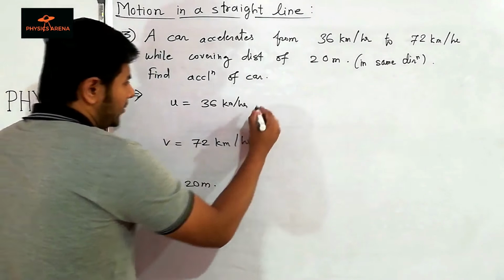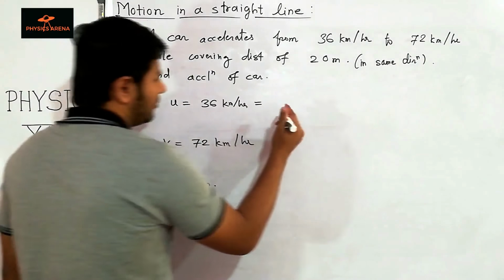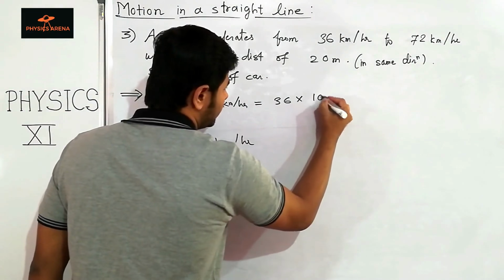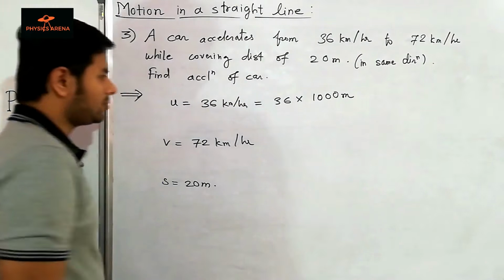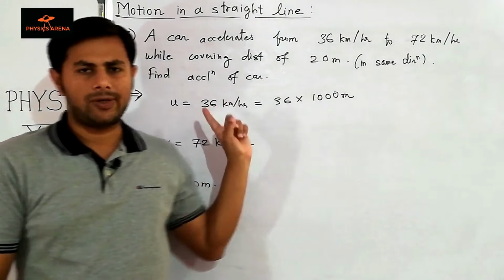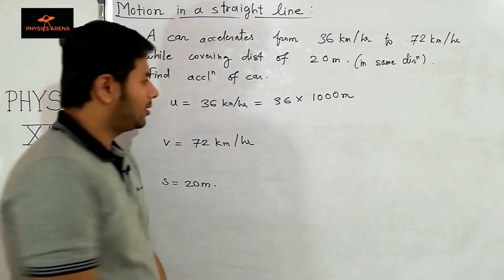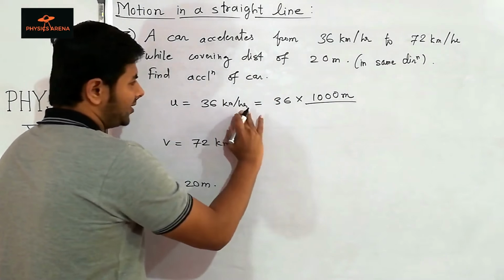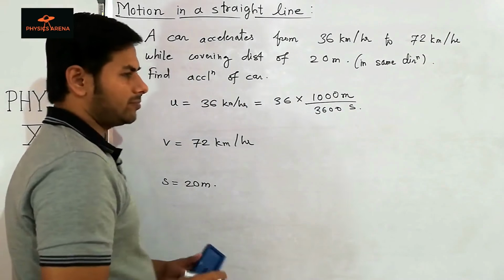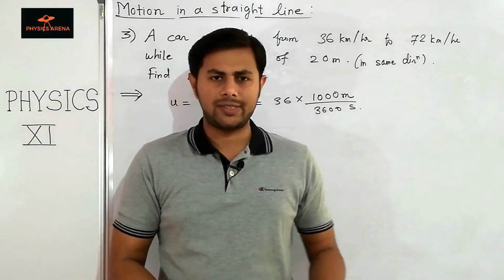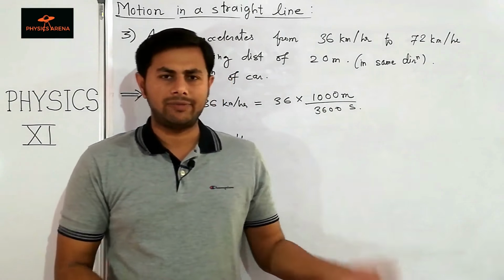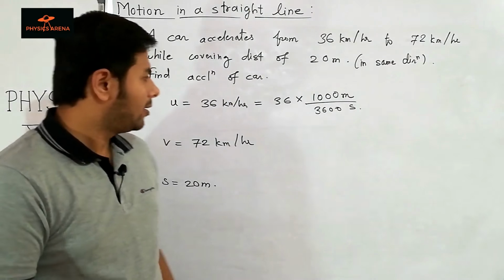So let's do that. I know that 1 kilometer equals 1000 meters, so I have substituted 1000 meters for this 1 kilometer. And 1 hour is equal to 3600 seconds: 1 hour is 60 minutes, and 1 minute is 60 seconds, so 60 times 60 is 3600.